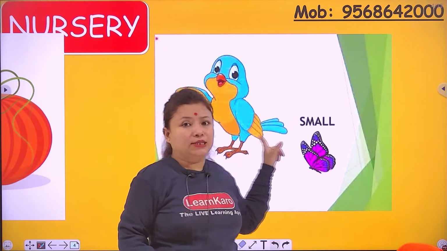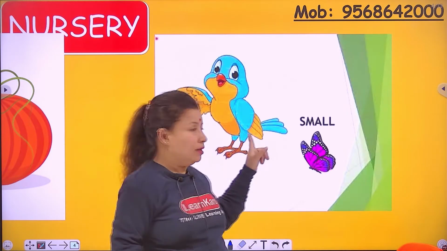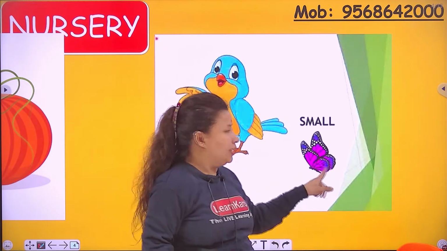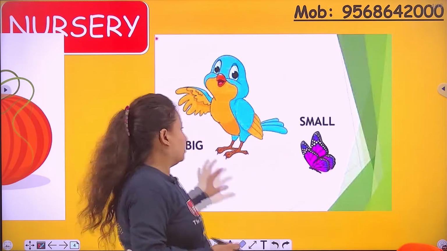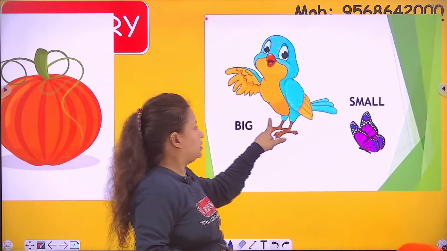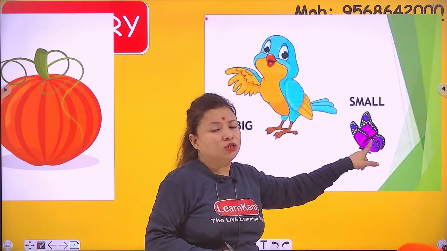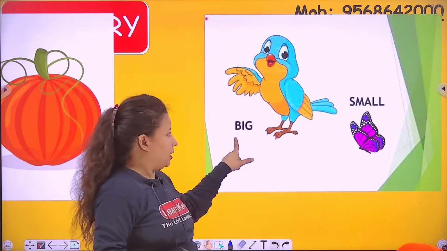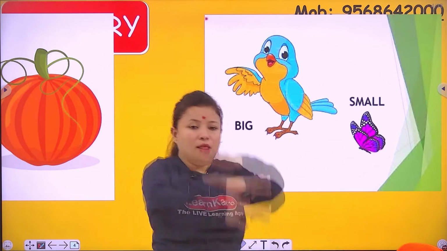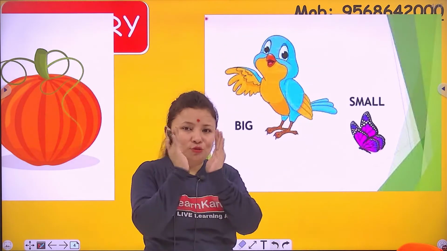This bird is big. ये bird big है. And the butterfly is small. This bird is big and the butterfly is small. Big, small, big, small.